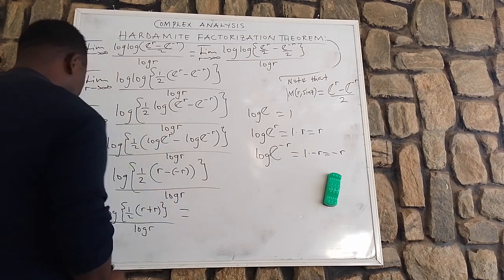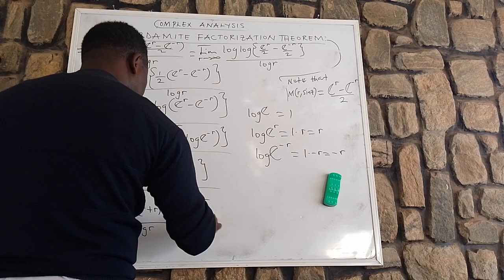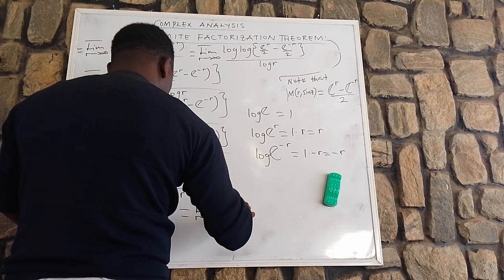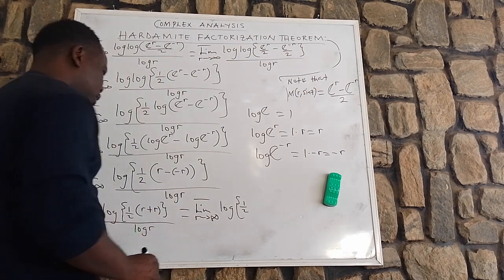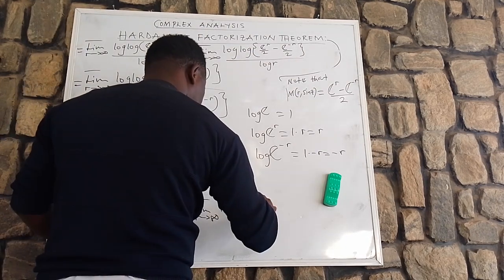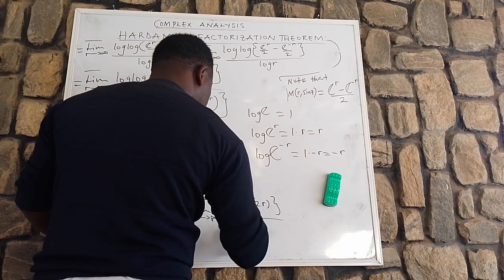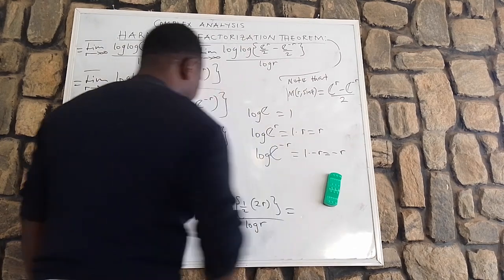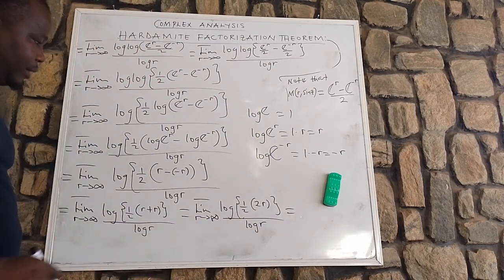Then this is equal to the upper limit as R tends to infinity of log of one over two times, R plus R gives us 2R, all over log R. Look at the box very well.